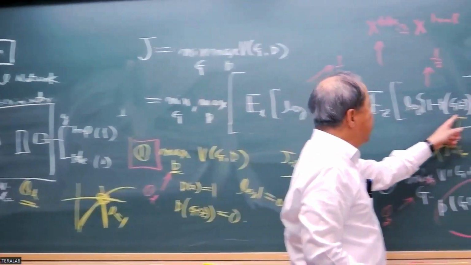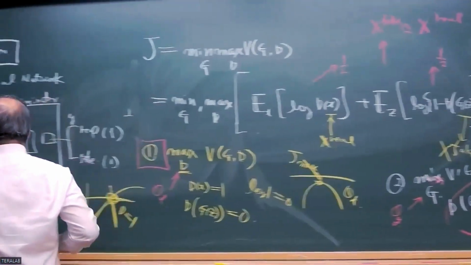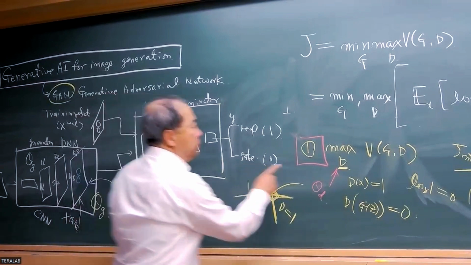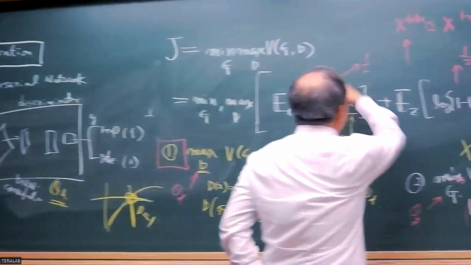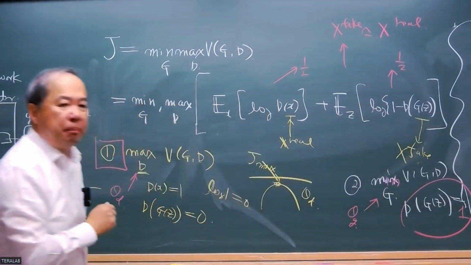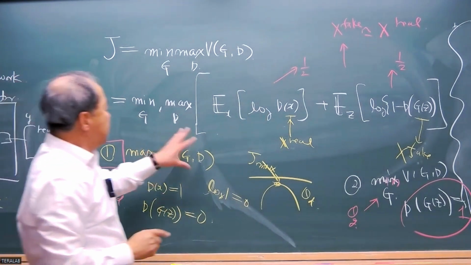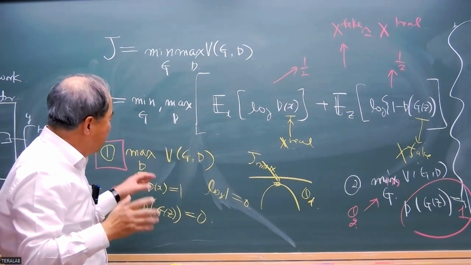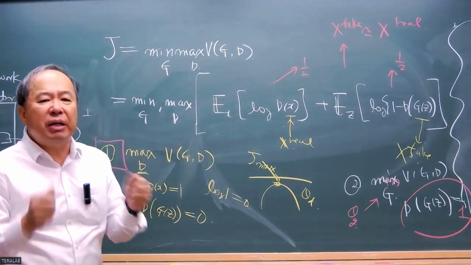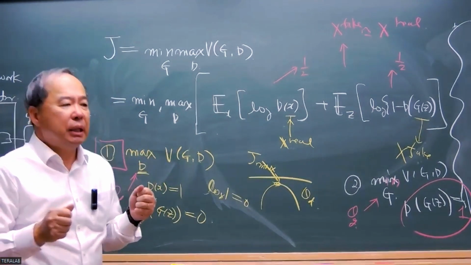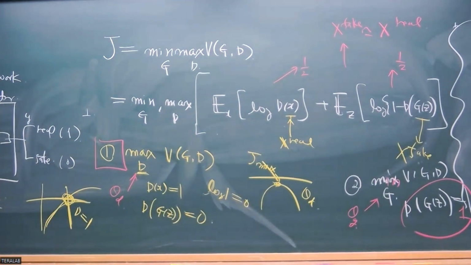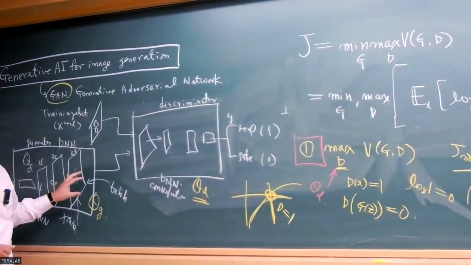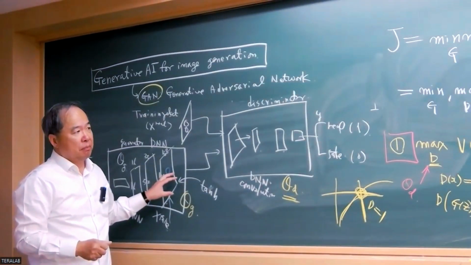And the output for a fake image, if the input is a fake image, should be 0. Then this whole term becomes maximum. That means the first part is that we have to train the discriminator so that it becomes smarter and smarter, so that it knows what is a real image and what is a fake image. A fake image is generated from the generator.